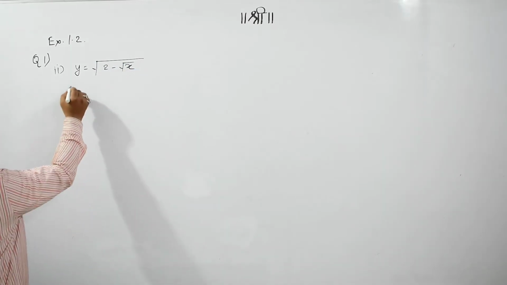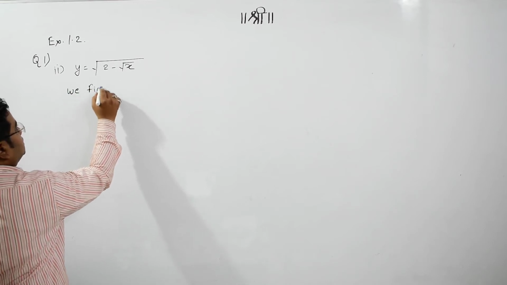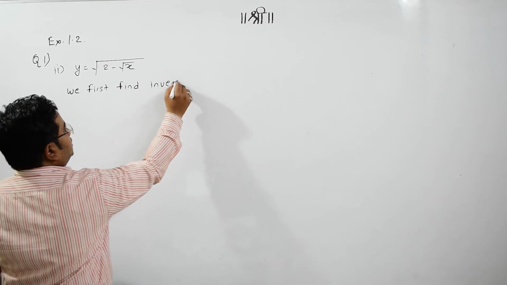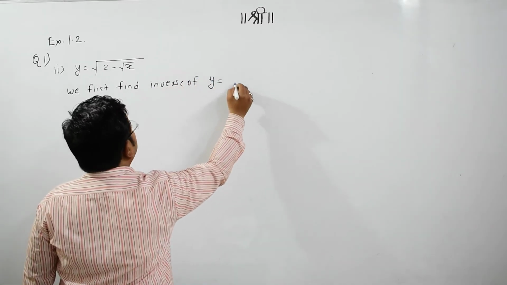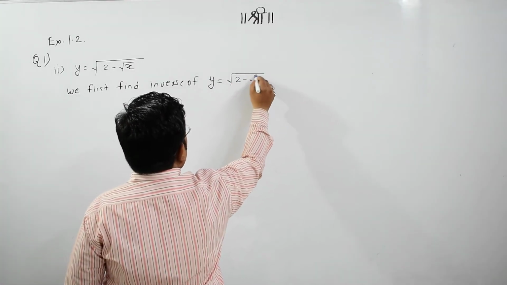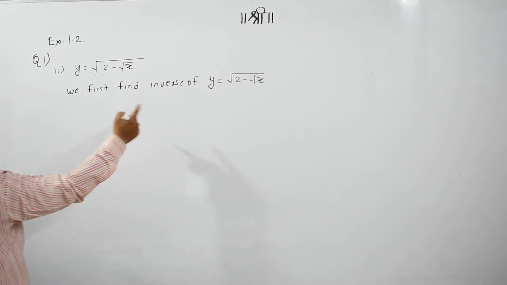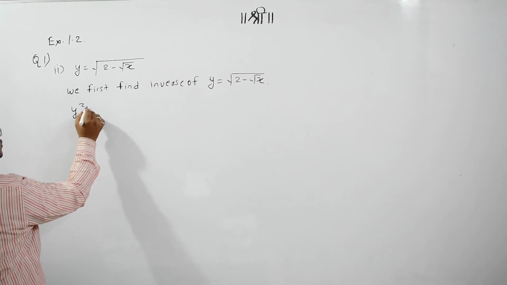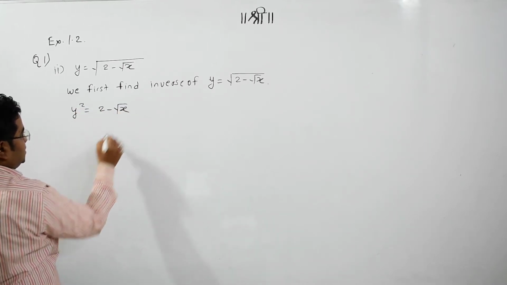Again, we first find the inverse of y, where y is equal to under root of 2 minus under root of x. Next step, squaring both sides: y square is equal to 2 minus under root of x.